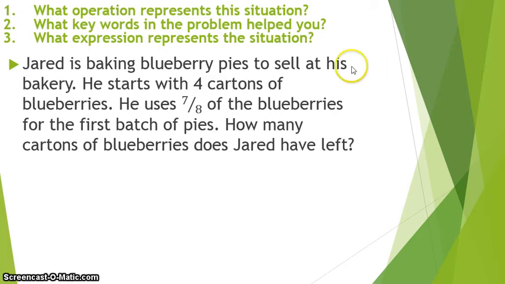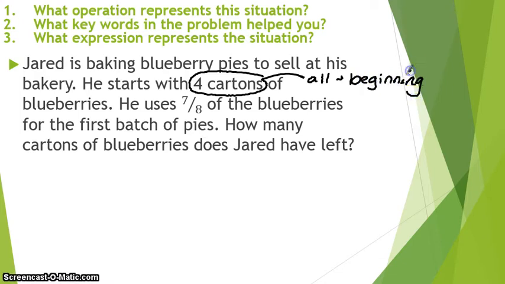Jared is baking blueberry pies to sell at his bakery. He starts with 4 cartons of blueberries. So this is how much he had in all at the beginning. See how I make notes on the text? He uses, okay, that means he's going to take away.